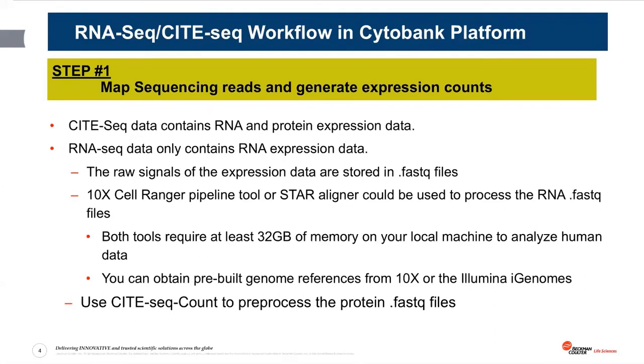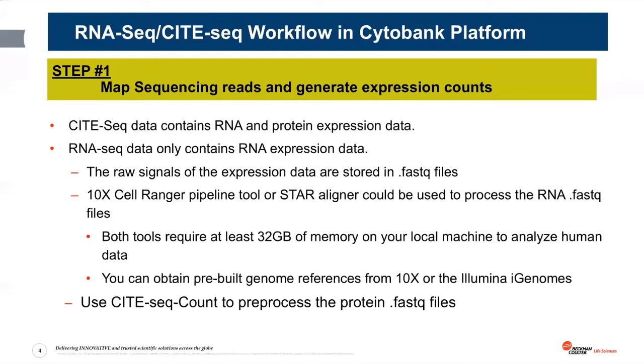And regardless of what kind of single-cell sequencing data you have, you need to map those raw reads to the reference genome. And here I have some practical advice for you. So if you want to map the raw reads to the reference genome by yourself on your local computer, you probably need a very powerful computer which has at least 30 GB of memory to analyze the human data.